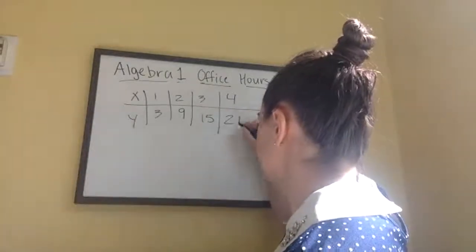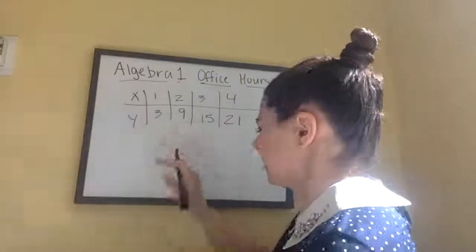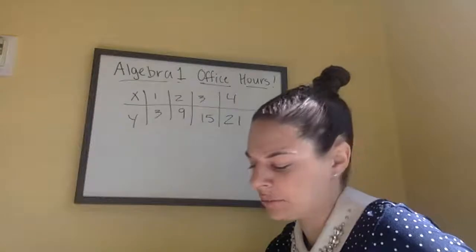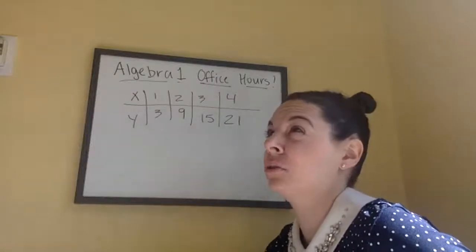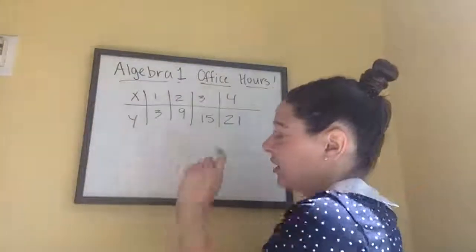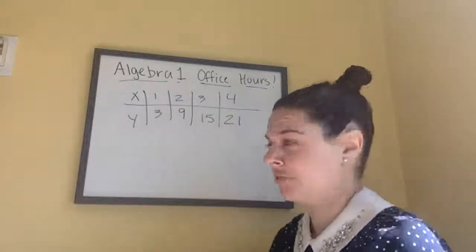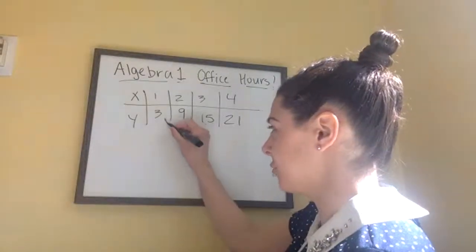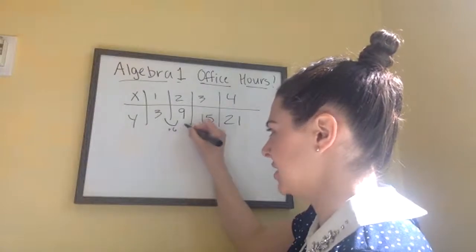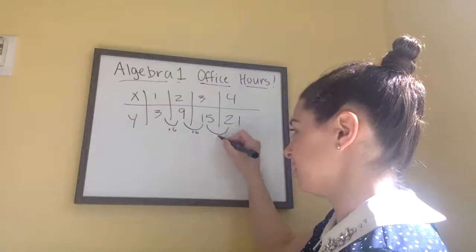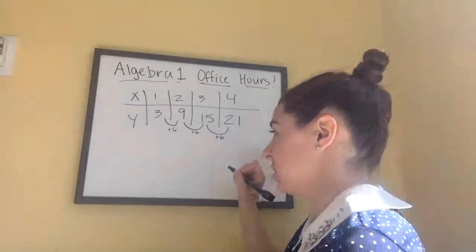Before, we were looking at whether something was linear, exponential, or quadratic. If I want to decide, I really need to look closer to see if there's a rate of change going on. To go from 3 to 9, I have to do +6. To go from 9 to 15, +6. To go from 15 to 21, +6.